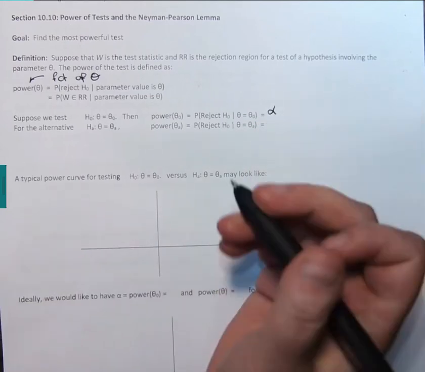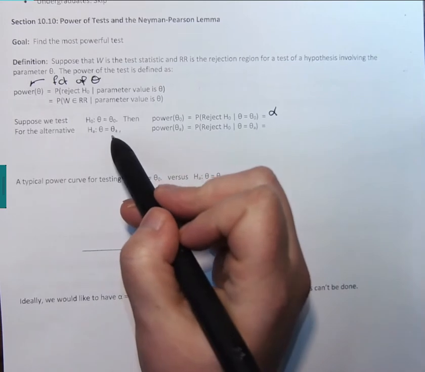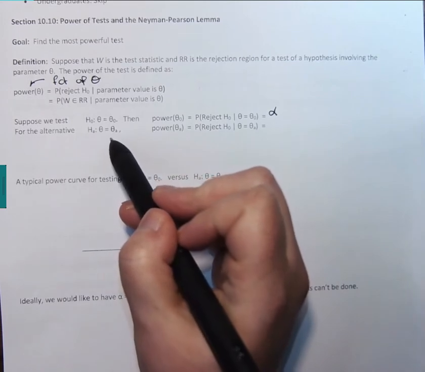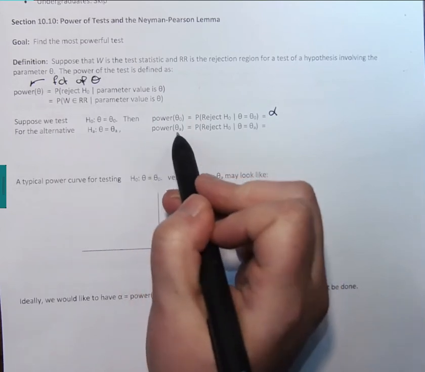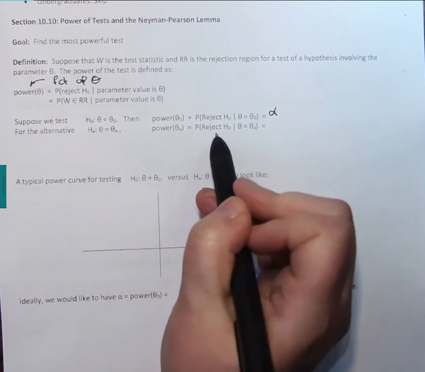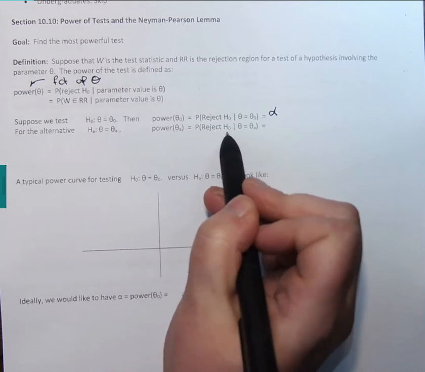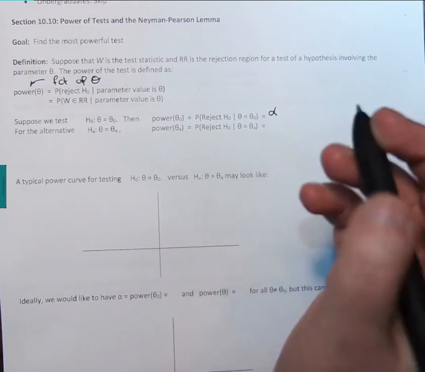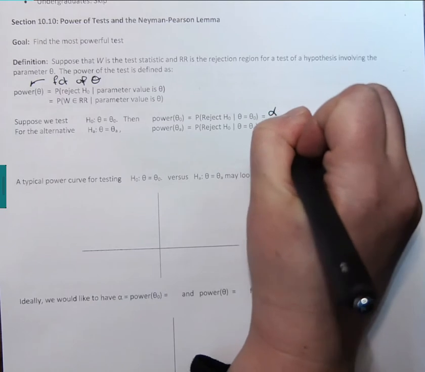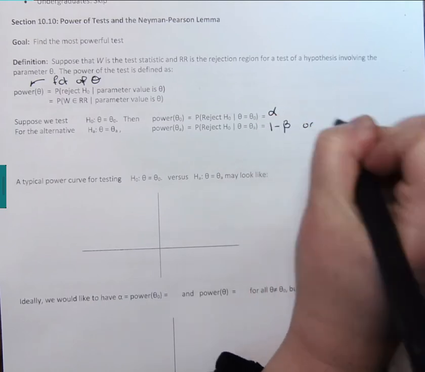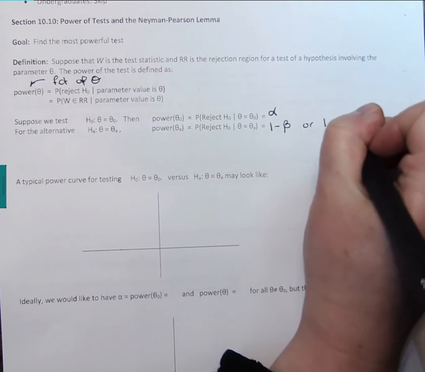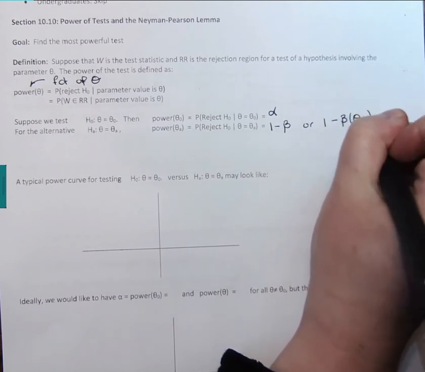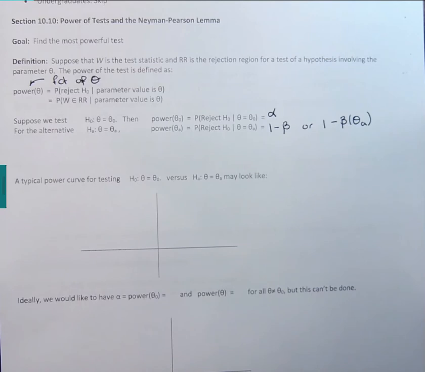Whereas under the alternative, theta is equal to theta A. When we look at the power function evaluated at theta A, this is the probability that we reject the null given that theta is equal to theta A, and this is equal to 1 minus beta, where beta is really a function of theta A, because beta is going to change depending on what value of theta in the alternative that we use.